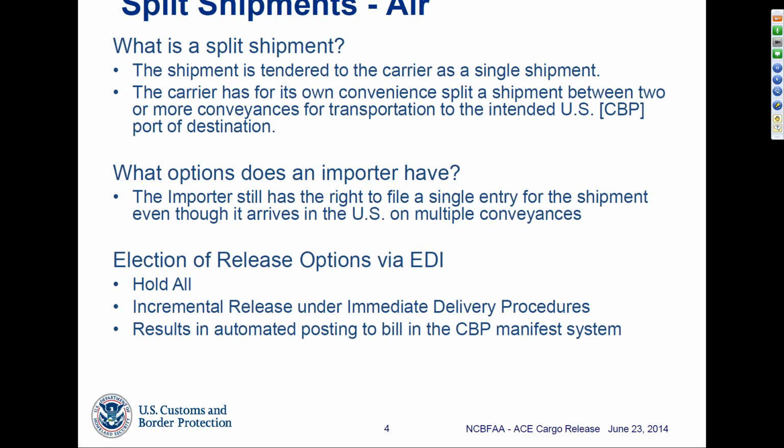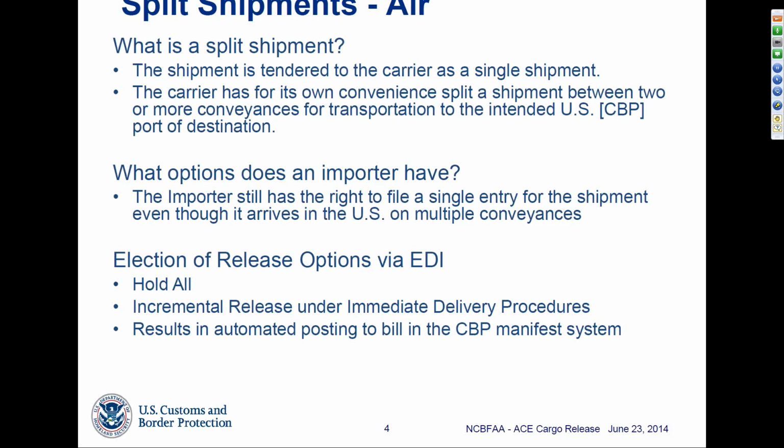Then there's incremental release under immediate delivery procedures. Yes, that's correct. Specific regulations under immediate delivery procedures for split shipments say that CBP may grant this within certain conditions for all parts of the shipment that arrive within 10 days of the first part of the shipment.